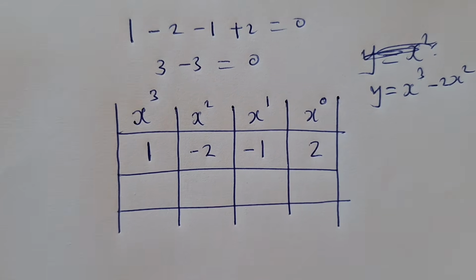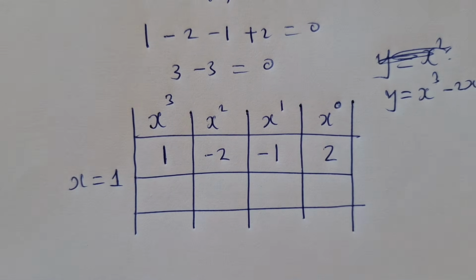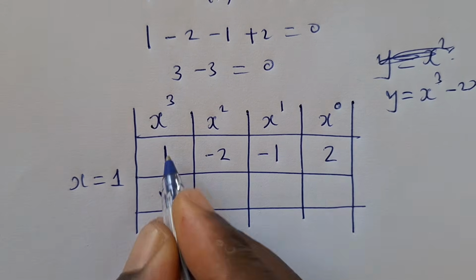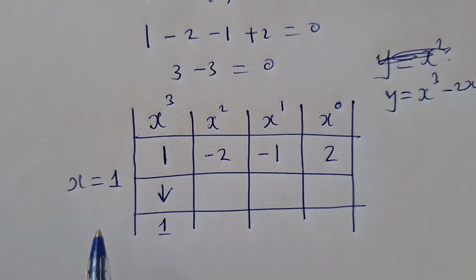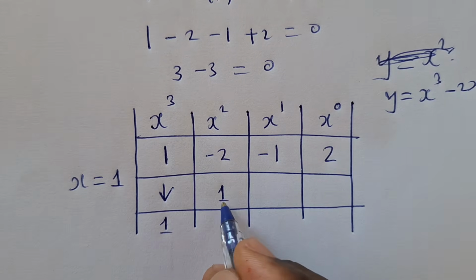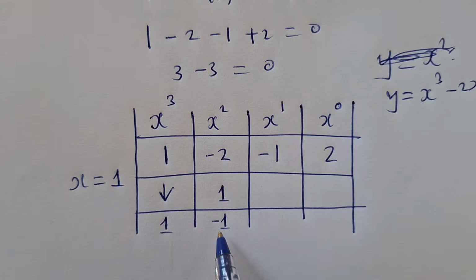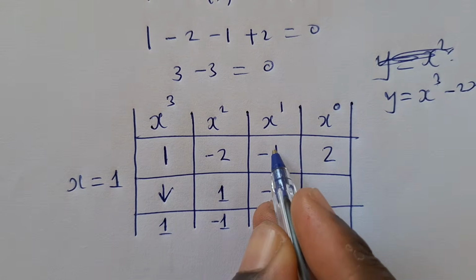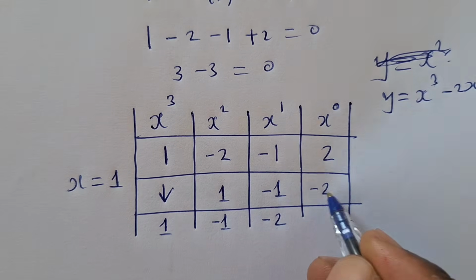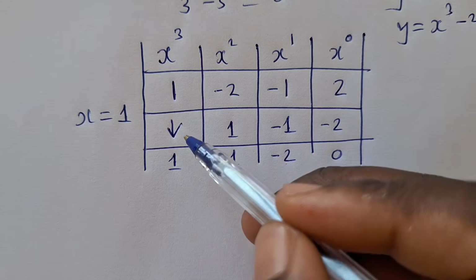After getting the coefficients, we're going to say x is equal to 1. This is one of the solutions that we've found. And then put an arrow, drop this number which is here. So start multiplying. 1 times 1 is 1. -2 plus 1 is -1. 1 times -1 is -1. -1 plus -1 is -2. We multiply, we're getting -2. We add, it's 0. So now we can start getting them like this.